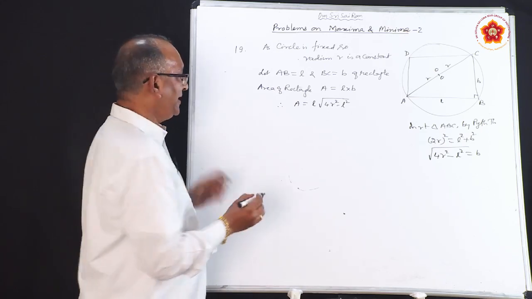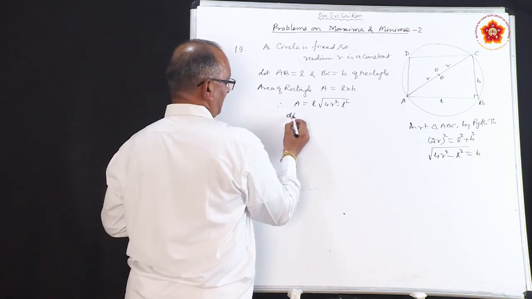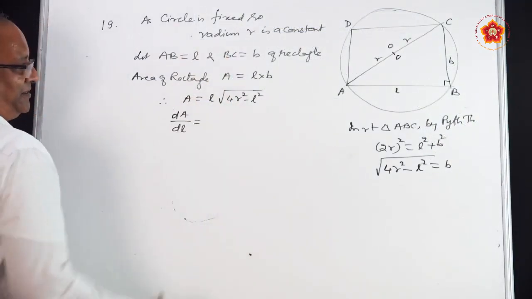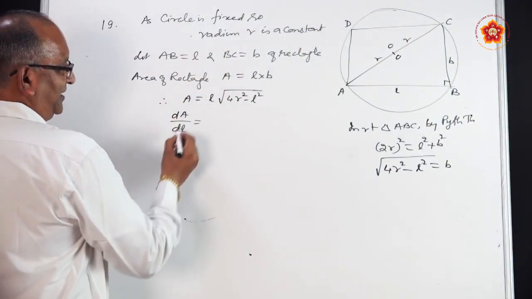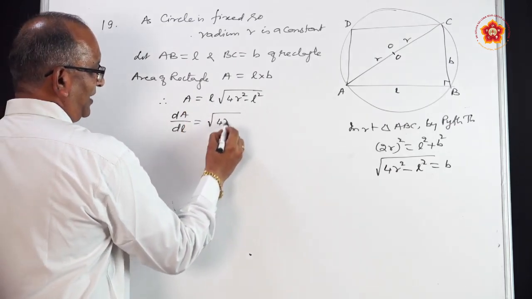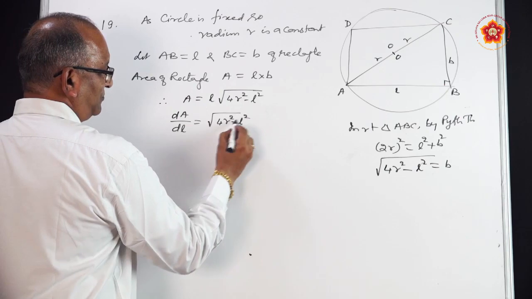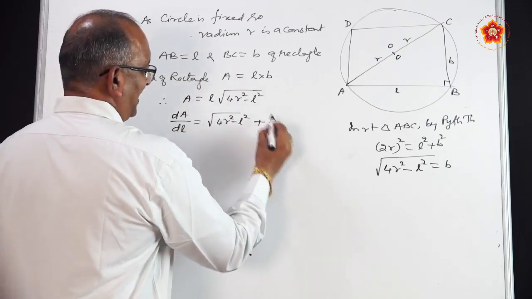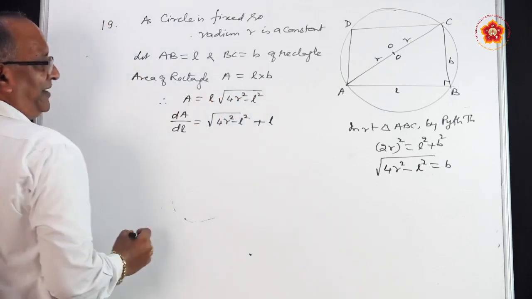So find out dA by dL. How do you differentiate it? Derivative of the first function, it is like d/dx of x is 1. So you are going to get the square root of 4r square minus L square, plus L remains as it is, times the derivative of this. How do you find the derivative of this?